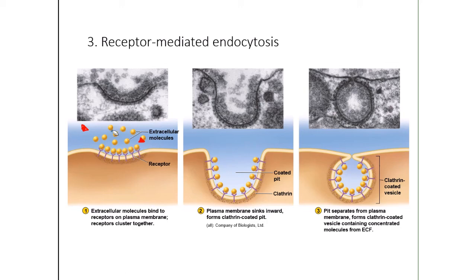Once the yellow circles bind to the receptors, that will cause the surrounding membrane to kind of cave in, and then eventually this part is going to merge with this part, and you're going to pinch that off the surface of the cell membrane, and you will be able to take this in as a vesicle.